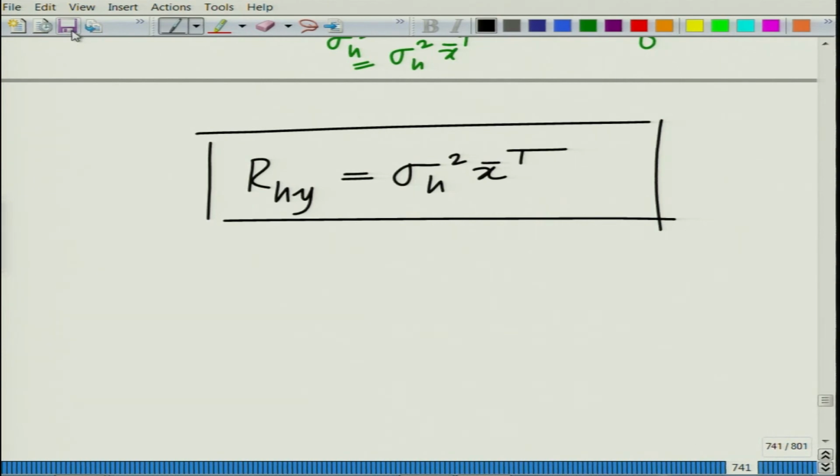And now we can essentially determine the MMSE estimate.